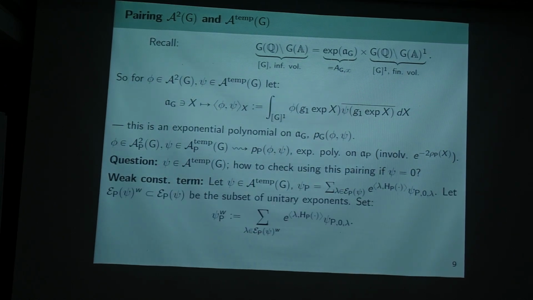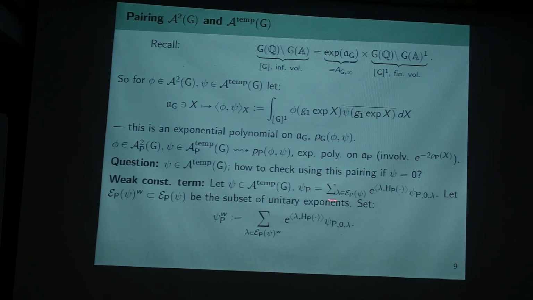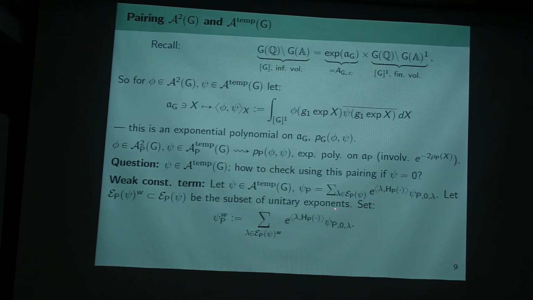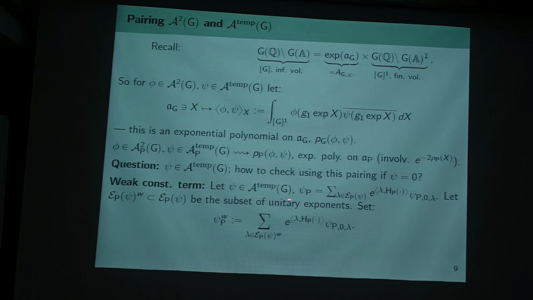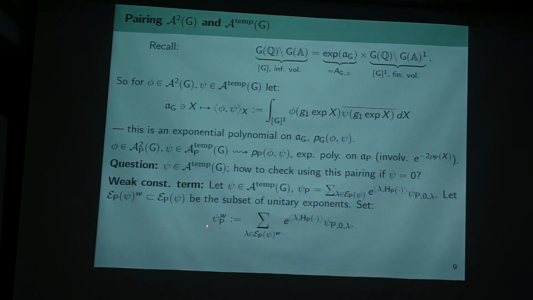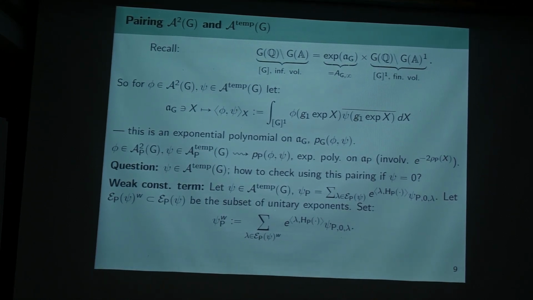You throw all that away. So in the set of exponents E_P of psi, these are some elements of A_G star, you take those exponents which are unitary, namely those which are conducive to slow growth but not rapid decrease. So this weak constant term of psi along P is actually the part of the constant term that deals with the worst of the exponents.